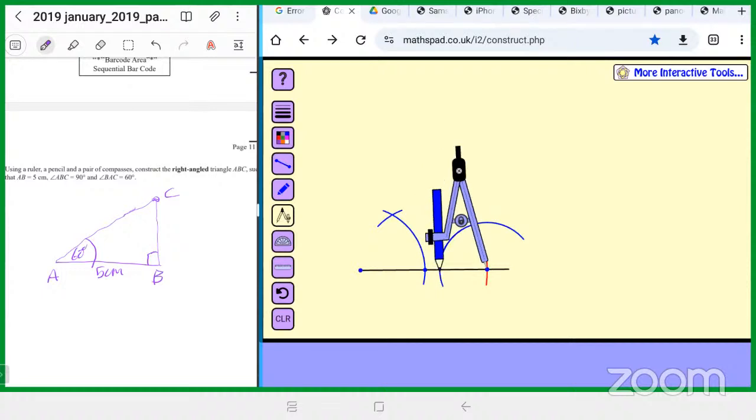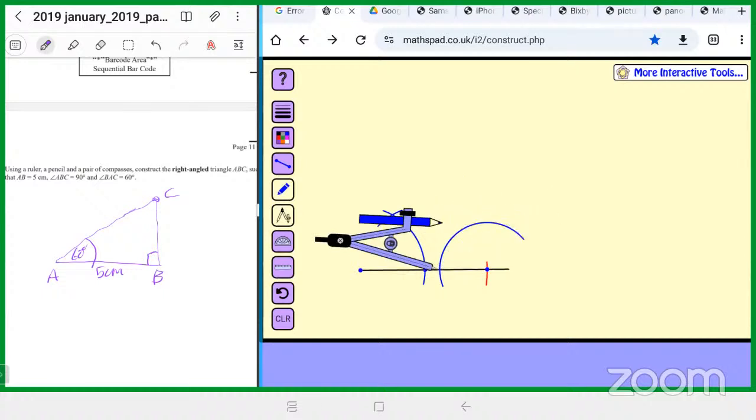Then I move the point to the first intersection here with the line, and I cross the first arc. Cross the arc one time first, right here. That's 60 degrees. So I have a 60-degree arc there.